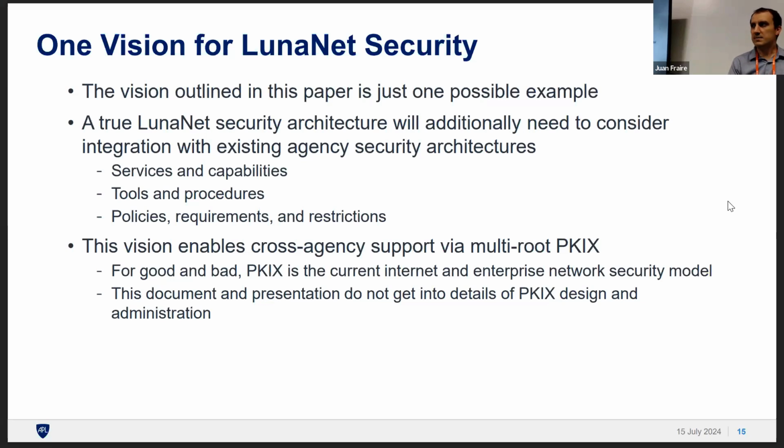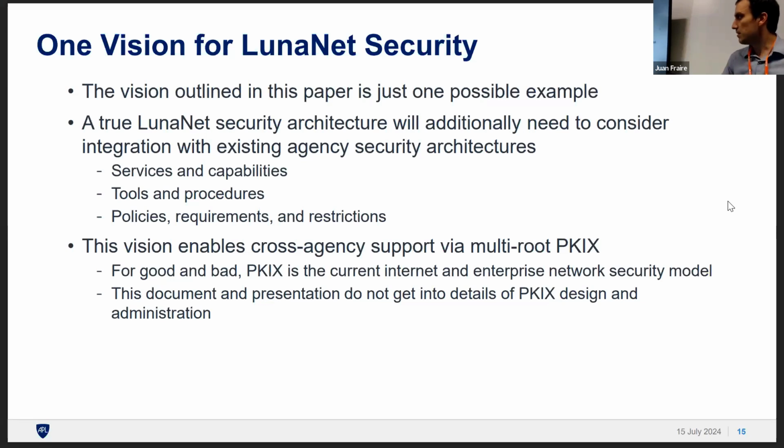And one aspect of this, like I talked about at the very beginning, is that a real LunaNet security architecture is going to need to integrate with the existing organizational tools and policies. It's going to need to rely on key management and identity management that is not necessarily under the control of the DTN administrators. It's something that already exists in these organizations, and it has to fit into that environment.